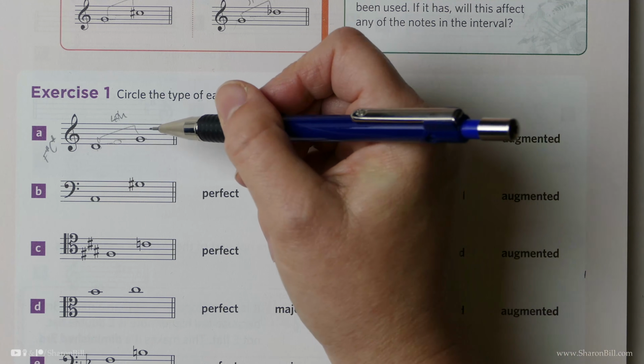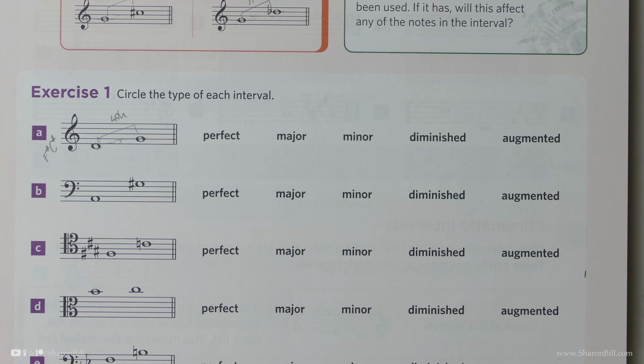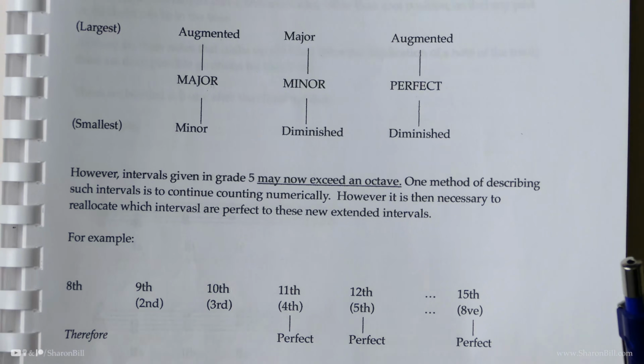So that's half of the work done. Now do remember that with fourths, fifths and octaves, we don't deal with major or minor. We go straight to, I've just found my information sheet again, we go straight to perfect.